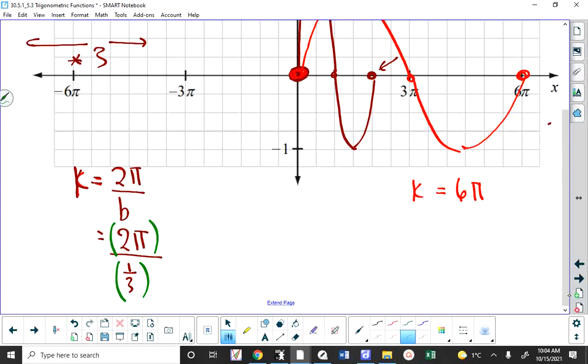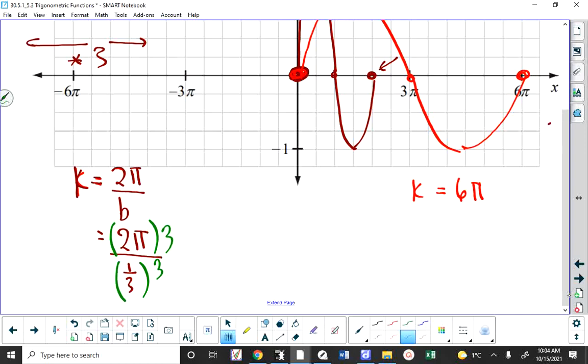And we've got that little mini 3 as a denominator, so I'm going to multiply top and bottom by 3. So what happens on the top is you get 2 pi times 3, which is 6 pi, and on the bottom you get 1. 6 pi.